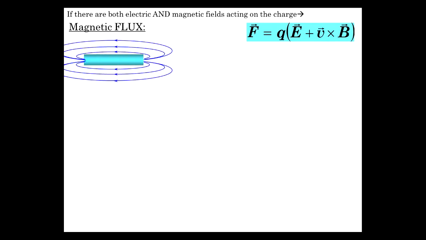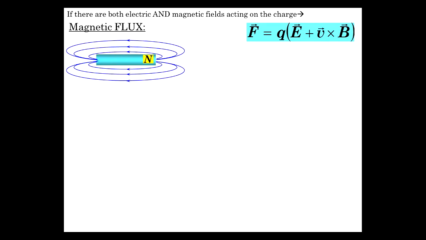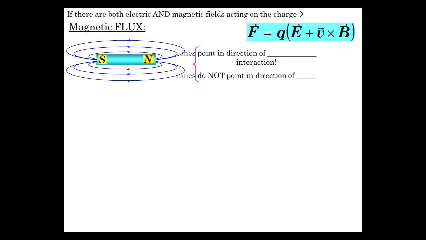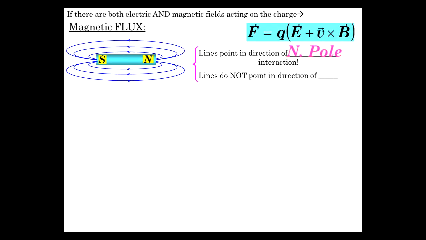And now let's define magnetic flux. I bet you're suspecting it's going to be similar to electric flux, and if so, you'd be right. Similar, at least. Now, north and south pole. Remember that the lines of magnetic field point in the direction of the north pole interaction of a compass, but they don't point in the direction of the magnetic force.